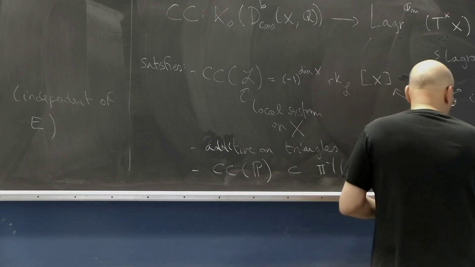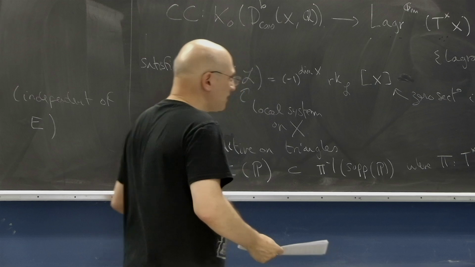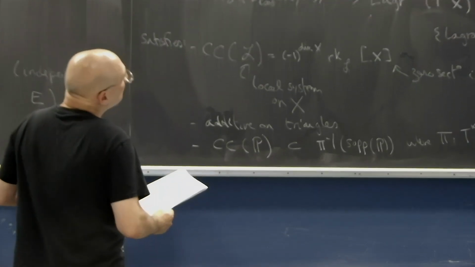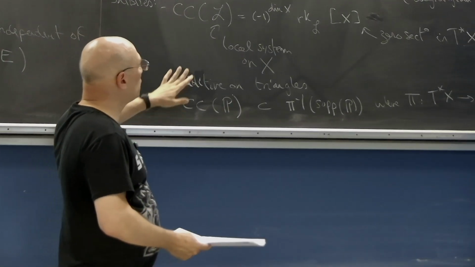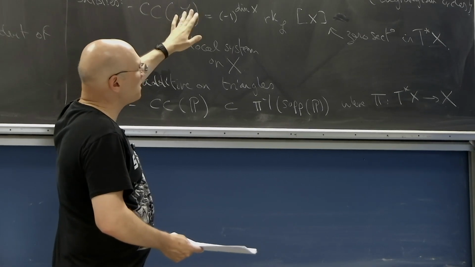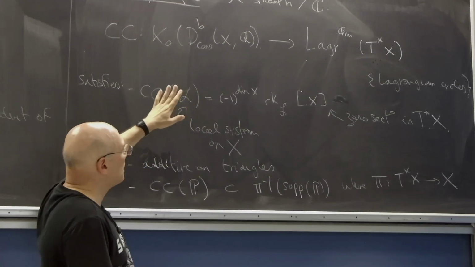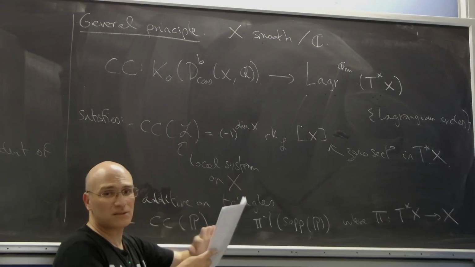P is the map from T star X to X. Okay, so in fact, what you end up having is, for simplicity, let's take a perverse sheaf. Doesn't change much, but take a perverse sheaf. Then you know that it is locally constant along a certain stratification.